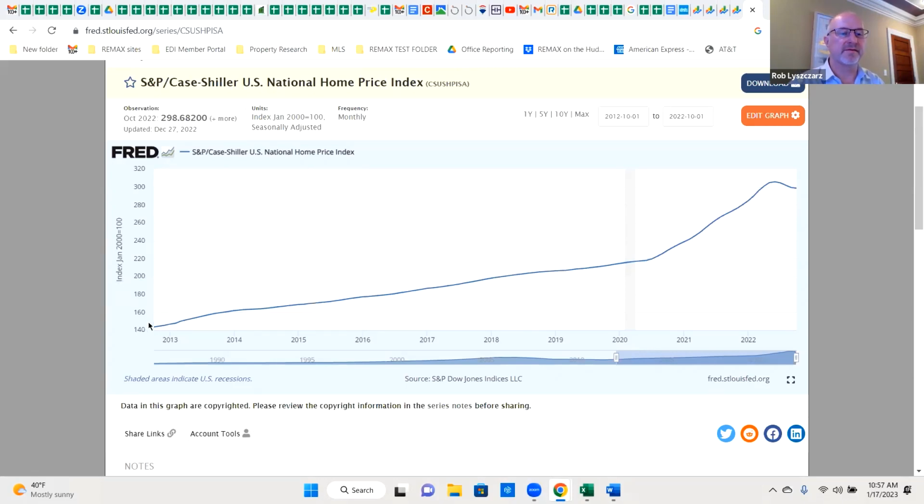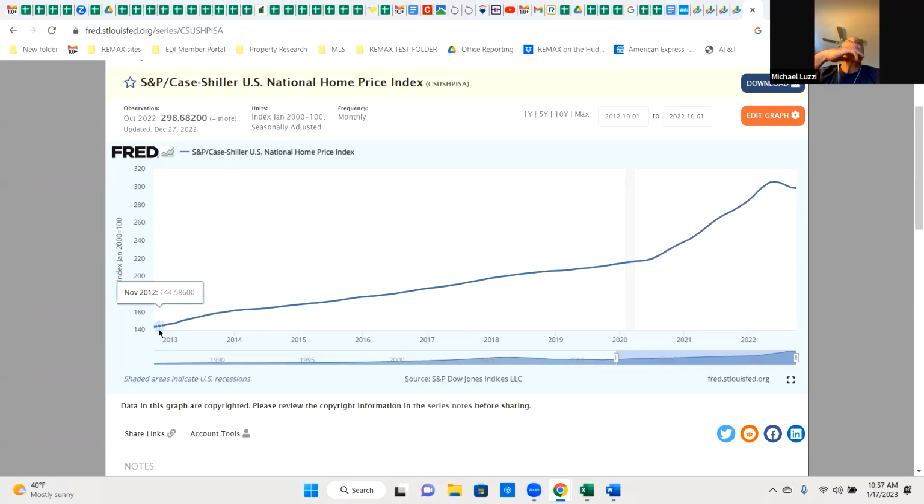So 2013 to 2016 saw about 10% annual appreciation. And I think that's more of a normal market, right? Mm-hmm. Definitely. Nobody thinks that about housing.